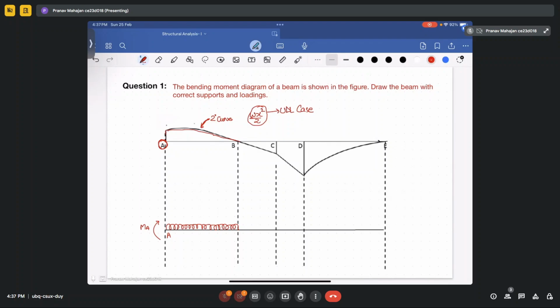So a concentrated load is there at point C. So draw a concentrated load at point C. Okay. Now from D to C, it is looking like a 3 degree curve. Okay. So it means you will be having uniformly varying load at that particular location.